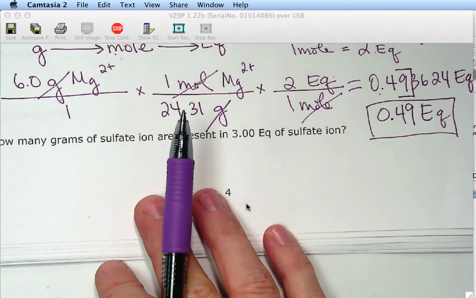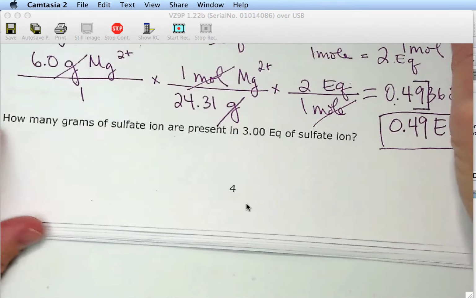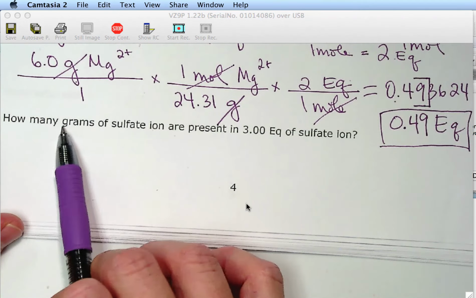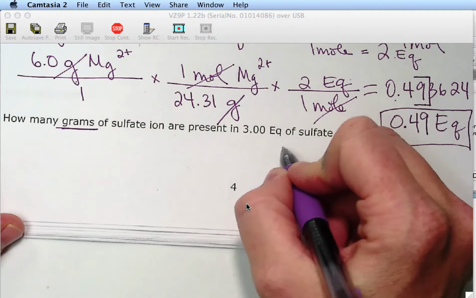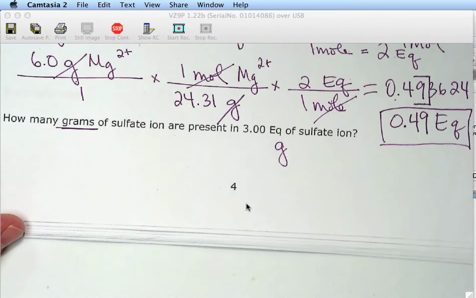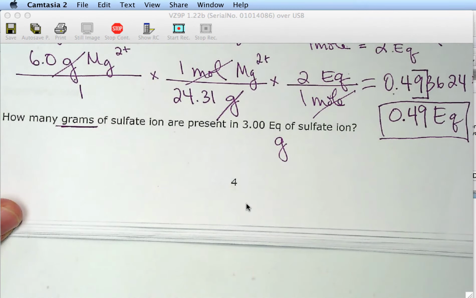Step back, take a deep breath, do your conversion roadmap. So what's the question asking for? What units? Grams. So that's at the end of my roadmap, right? Moles is in the middle.